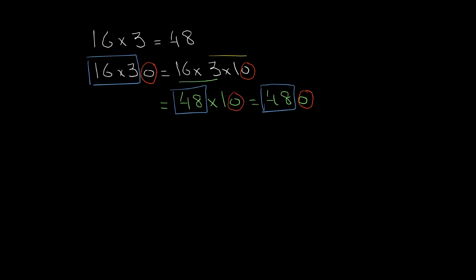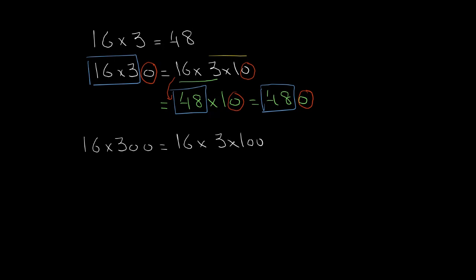Before I go on, please remember that going from this step to this step required me to use the associative law of multiplication. Now let's say you can generalize. If I want to multiply 16 by 300, this is really 16 multiplied by 3 into 100.